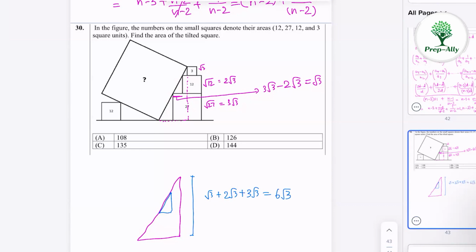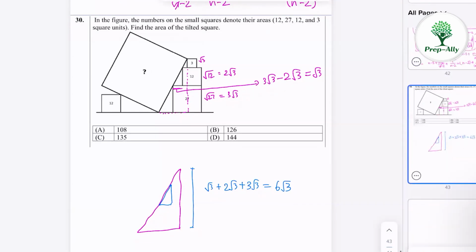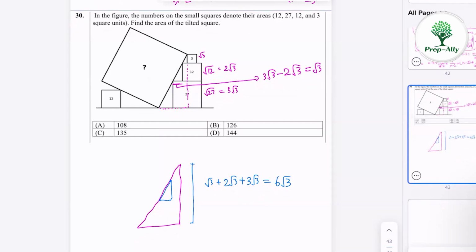Do we know the base of the small triangle, which is root 3, and the height of the small triangle, which is just the side of this square here, which is 2 root 3?